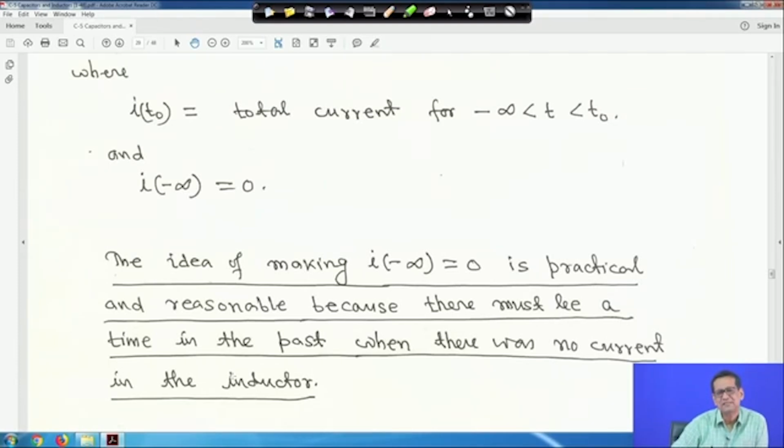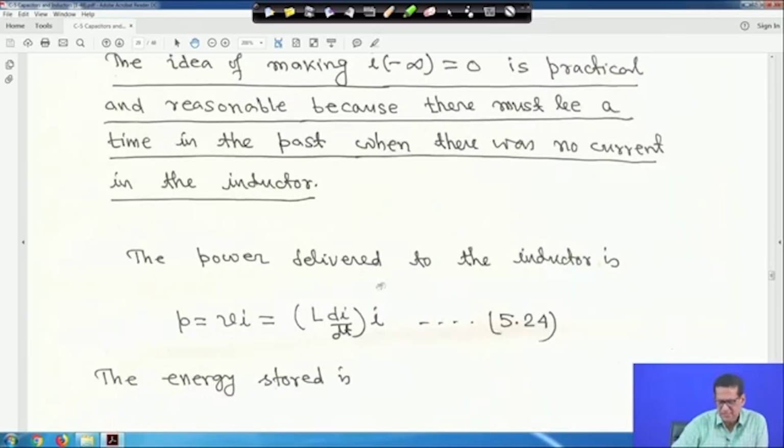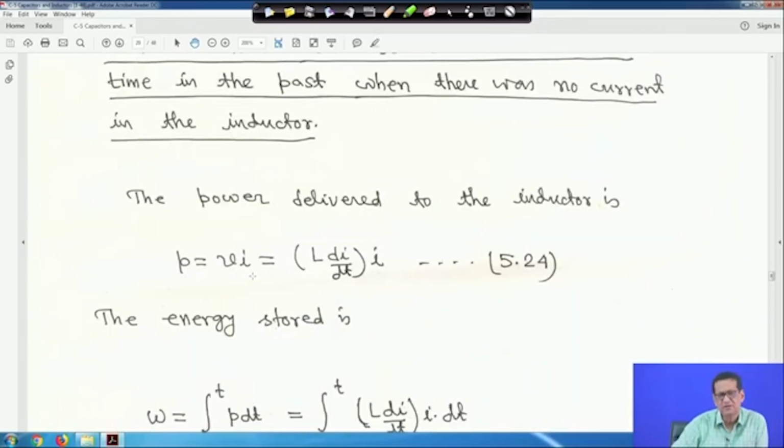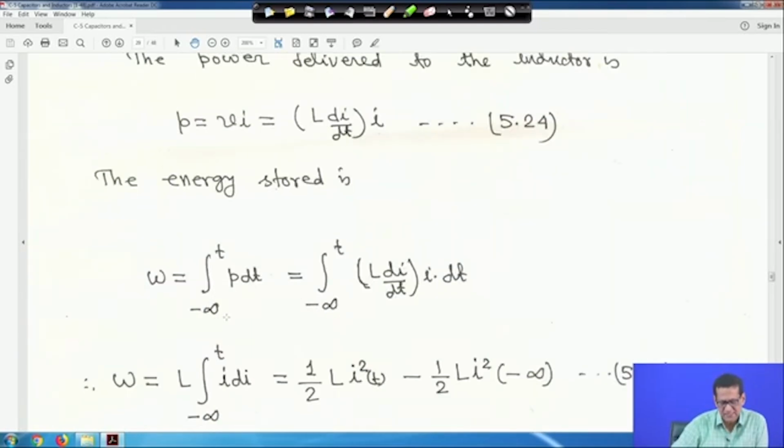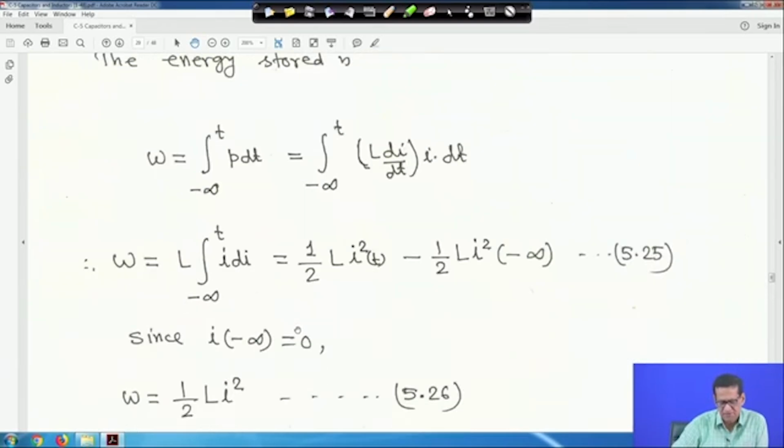So, I(minus infinity) we take as 0, and the power delivered to the inductor is P is equal to V into I. So, P is equal to L into di by dt into I. This is equation 24. The energy stored is W, the integral from minus infinity to t of P dt, that is the integral of L into di by dt into I. If you integrate this, it will be L times the integral of I di, that is half L I square at t minus half L I square at minus infinity.